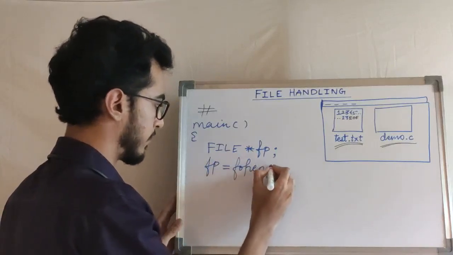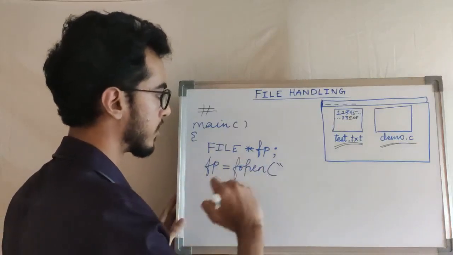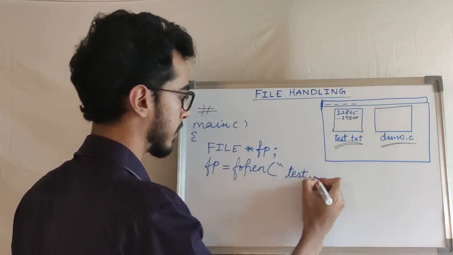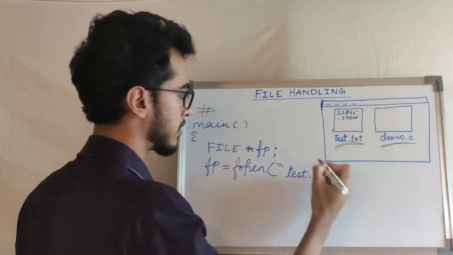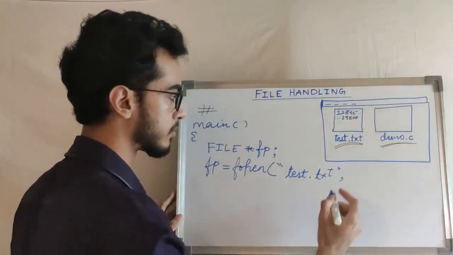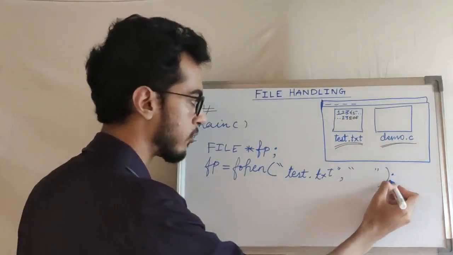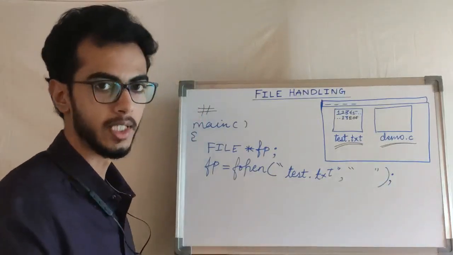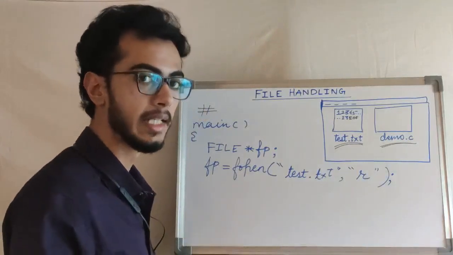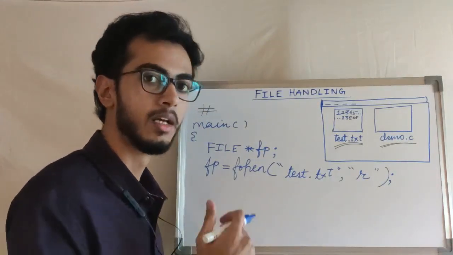Now fp will have fopen, which means I am opening a file. Inside fopen, the first parameter is the name of my text file, in this case test.txt, comma, then the second parameter is the mode in which I want to open that file. Right now I write r, indicating that I open test.txt in read mode.